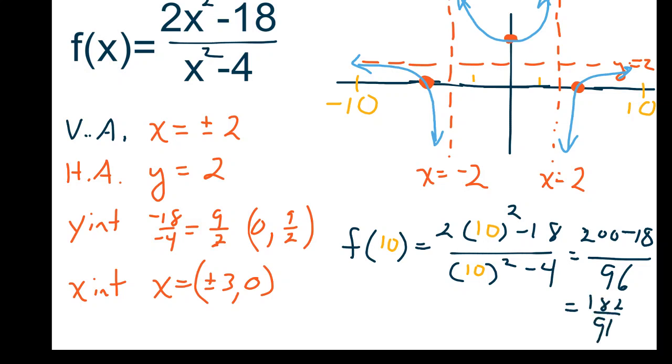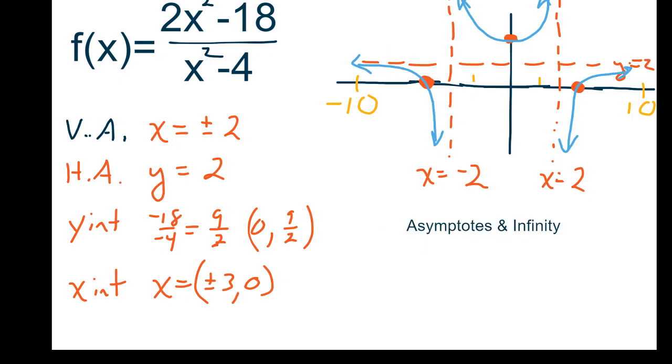Now, if we are really trying to do this out of calculator, we'd have to conclude that 182 over 96 is a number that is less than 2. It's less than 2 because of the numerator, of course, and its relationship to 96. So that just gives us another affirmation that the graph is definitely going to be less than 2. It's going to be below that horizontal asymptote, just the same way that we already drew it.